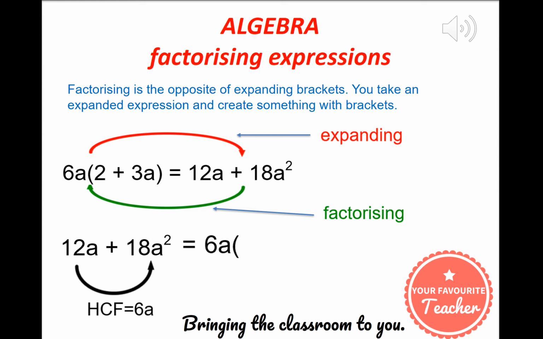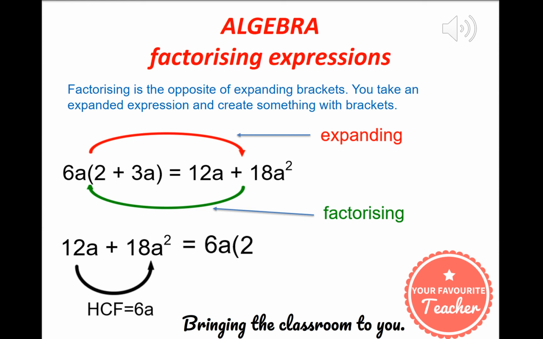So I put 6a and then I put a bracket. And once again, I think, what should I multiply 6a by to give me 12a? The answer therefore would be 2. I look at 6a and I think, how would I get 18a squared if I multiplied something by 6a?